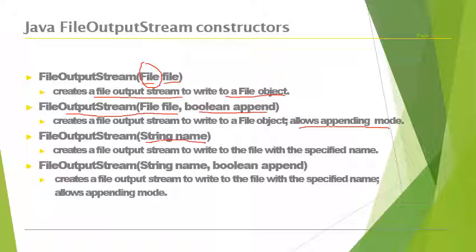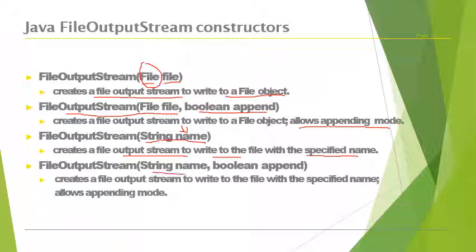So in this case, it will allow us to write to a file with a specified name. That is, a String name: whatever data is in this string will be written into our file.